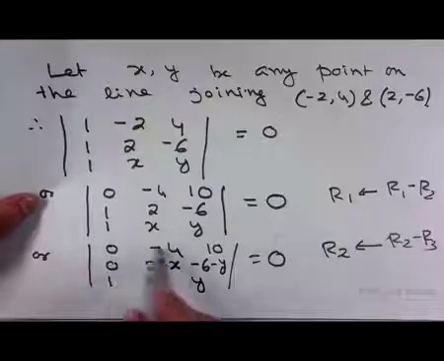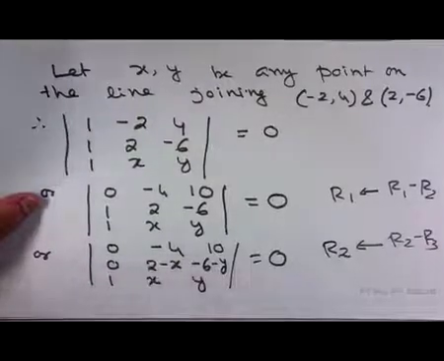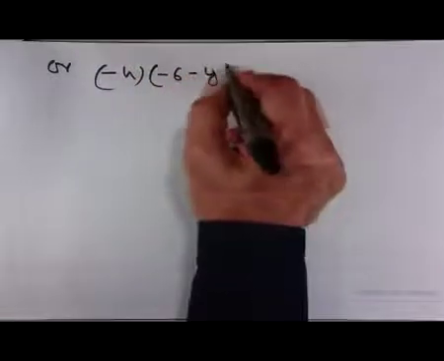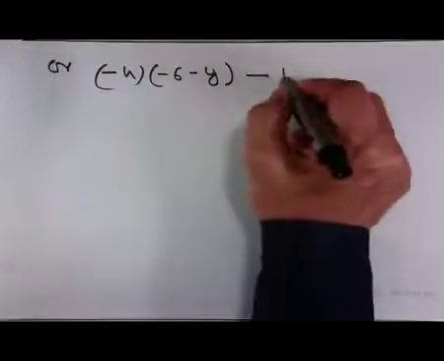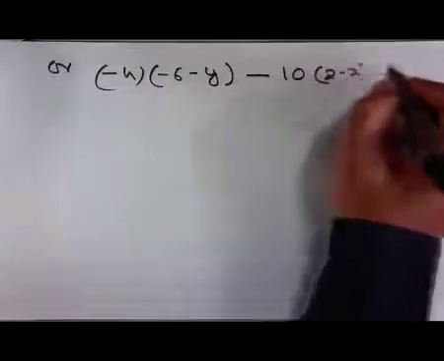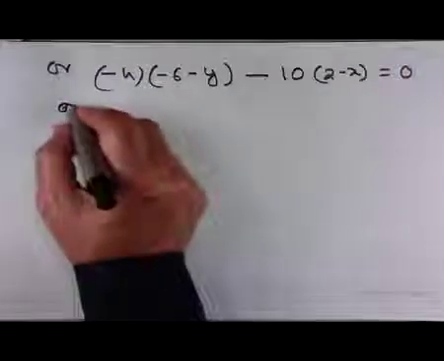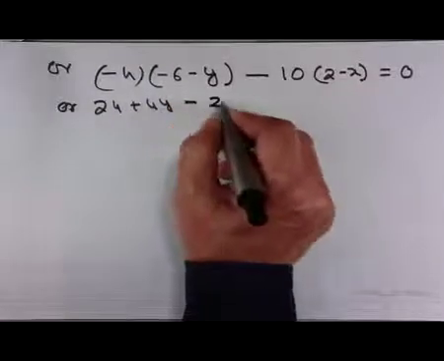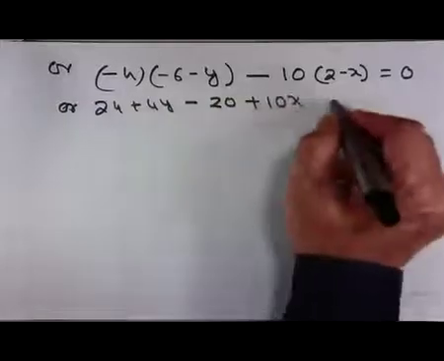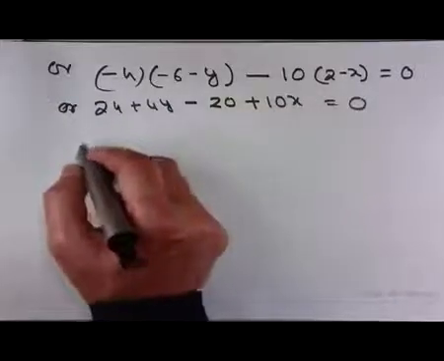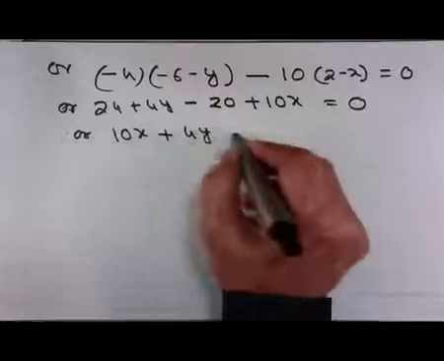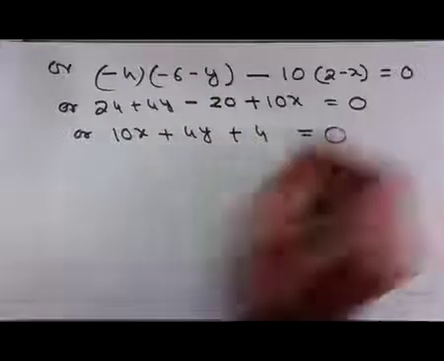This is actually the determinant of the 2 by 2 submatrix, or minus 4 into (minus 6 minus y) minus 10 into (2 minus x) is equal to 0, or 24 plus 4y minus 20 plus 10x is equal to 0, or 10x plus 4y plus 4 is equal to 0.